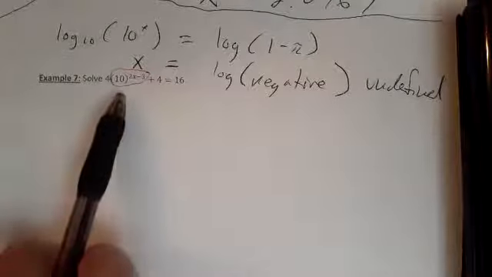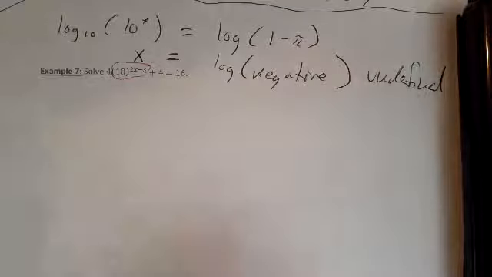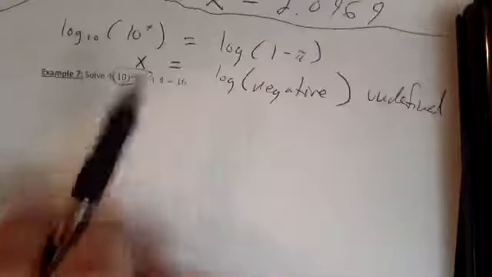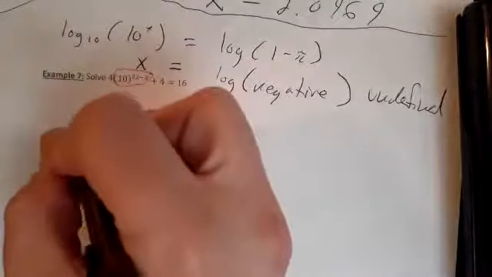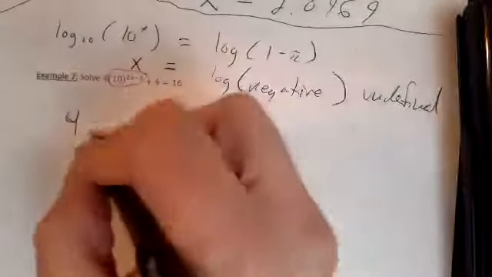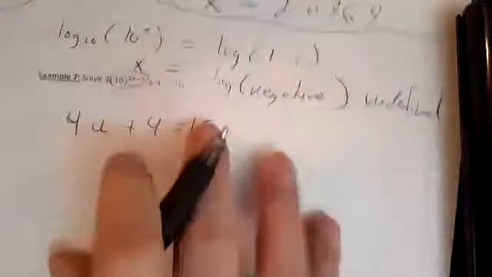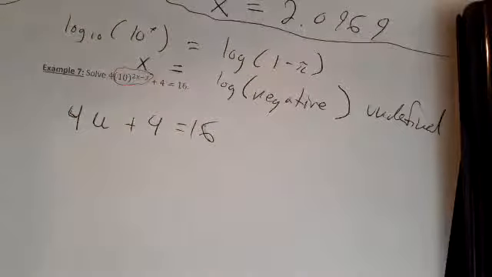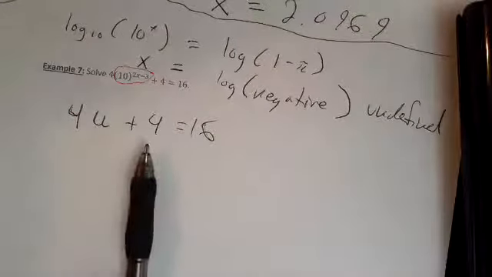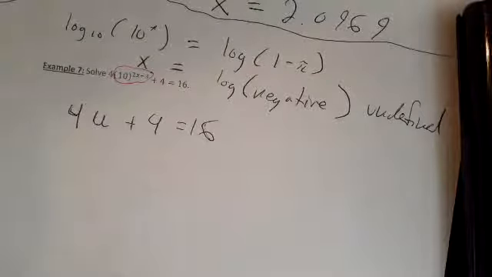So we want to get this thing by itself first. That's our first goal. This is 4 times something, and if it's bothering you, you can come up with another variable: 4u plus 4 equals 16. Hopefully you can see the next thing I want to do is subtract this 4, and then divide by that 4.